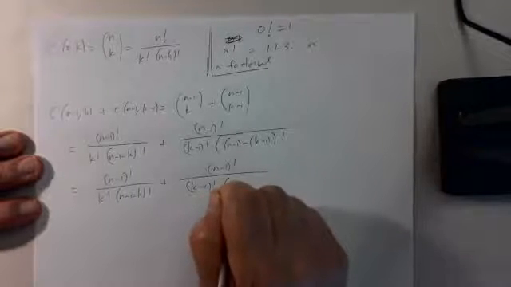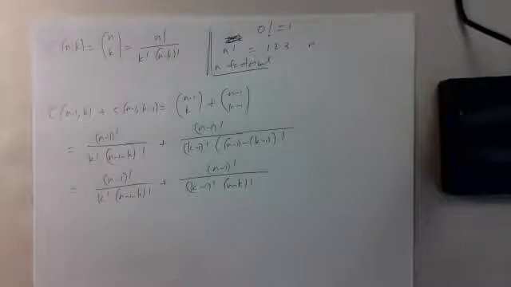The ones cancel, so this is n minus k factorial.